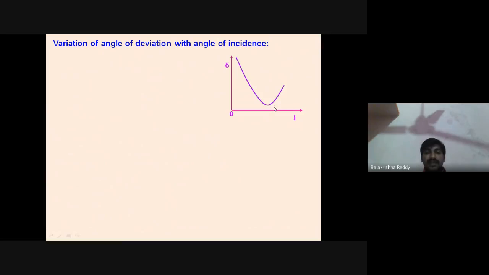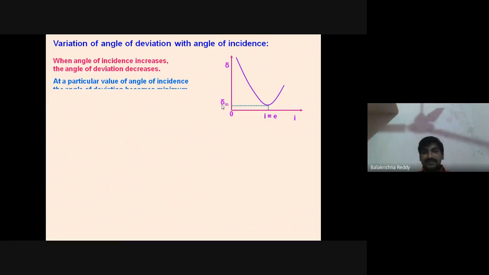At this position, the angle of incidence equals the angle of emergence, and delta m we call the minimum deviation. When the angle of incidence increases, the angle of deviation gradually decreases. At a particular point, the angle of incidence equals the angle of emergence, and that we call the angle of minimum deviation.